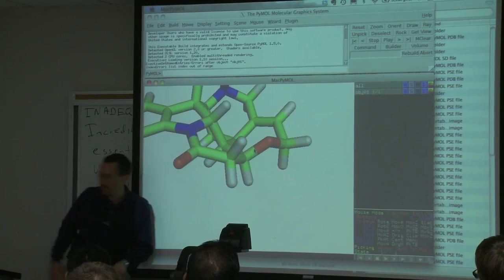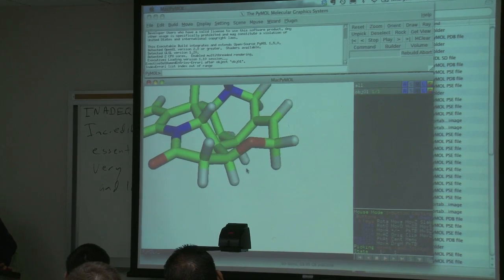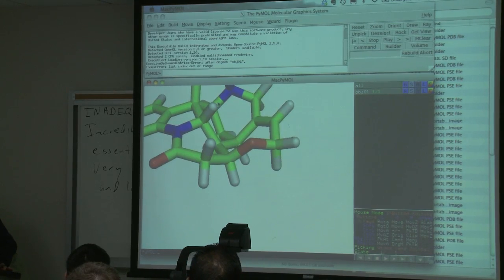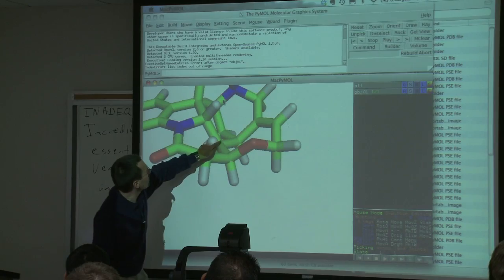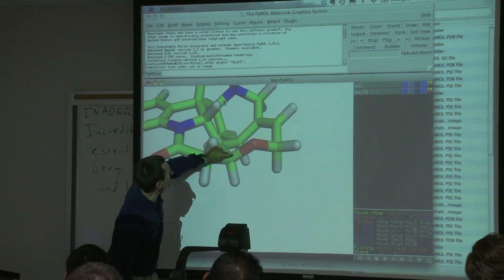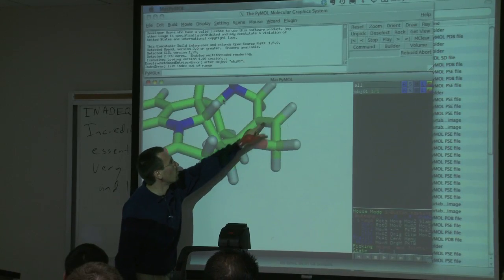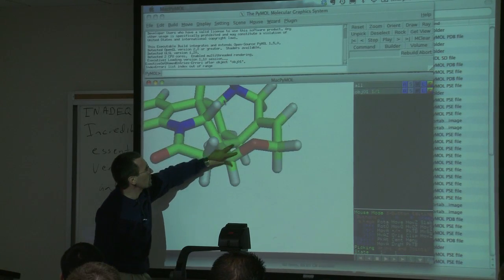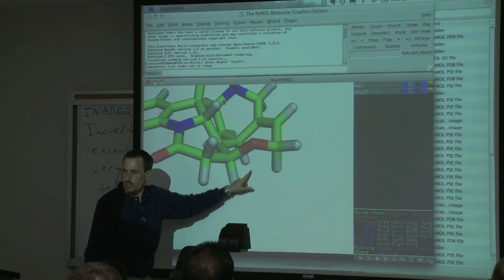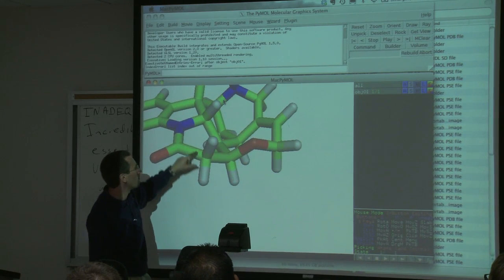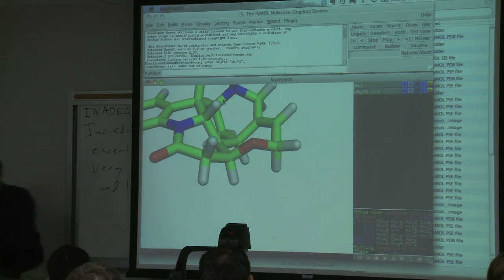Even though you have an oxygen embedded in your 7-membered ring, you can see this chair-like structure. Even though you have a double bond in it, an oxygen in it, you've got your three axial hydrogens. So that's going to influence your thinking as you start to assign your protons and assign your stereochemistry.